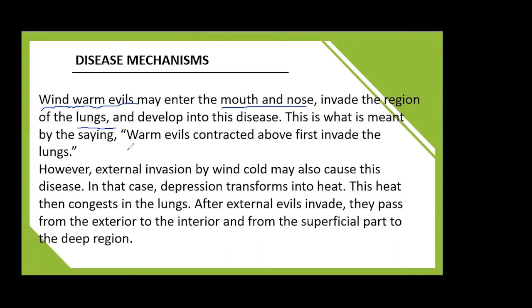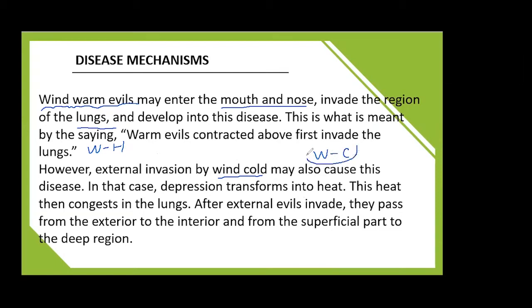So that's usually what we call wind heat attacking. And wind cold pathogen can also go from the nose and mouth to the lung and still cause pneumonia. We say that's wind cold attacking.